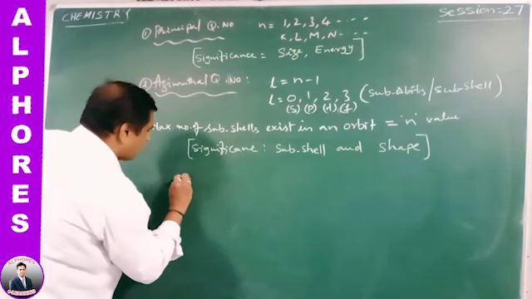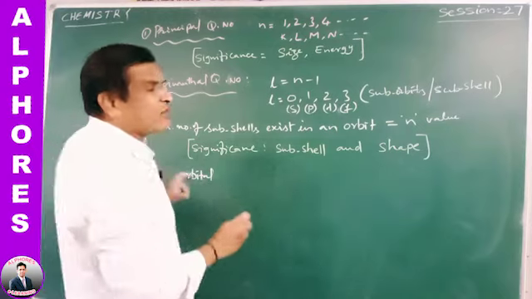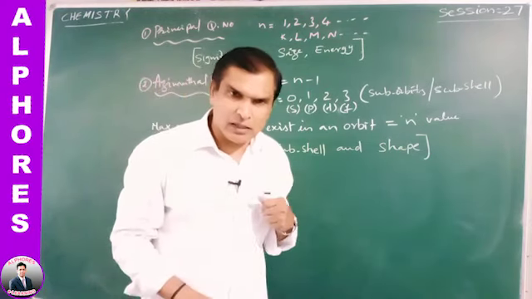Orbital angular momentum, that is, the angular momentum of the electron in the orbital.